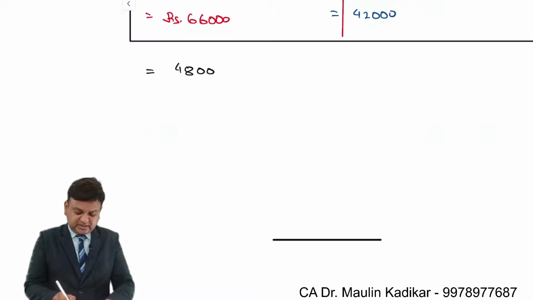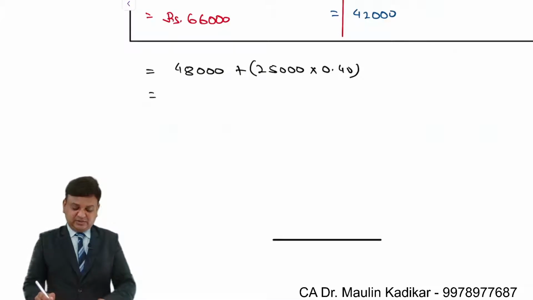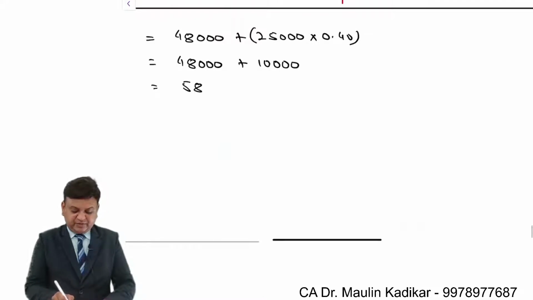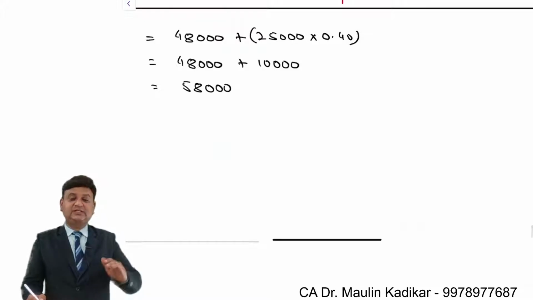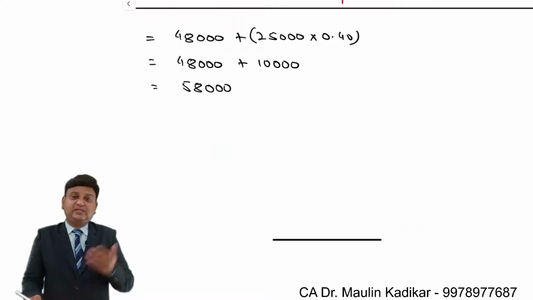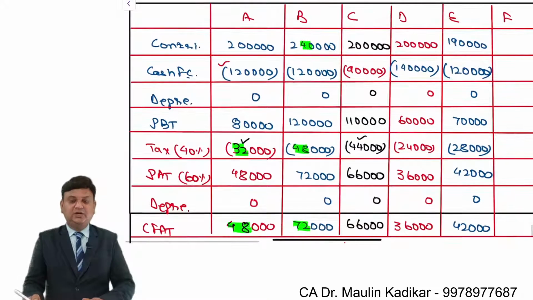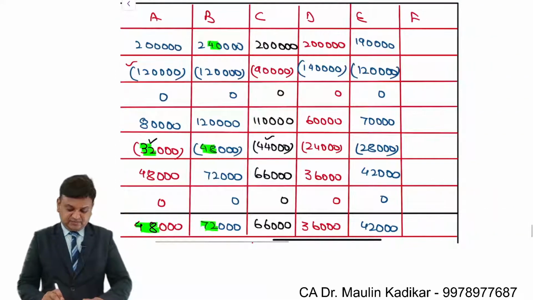So it is 48,000 plus 25,000 into 0.4. Why? Because income tax rate is 40%. So 48,000 plus 10,000, so the cash inflow will be 58,000. In a way, there is an increase in the expense, yet cash flow increases because this expense is non-cash in nature.